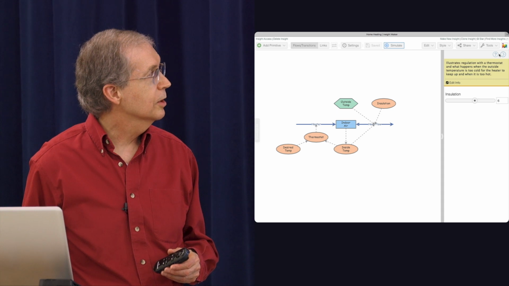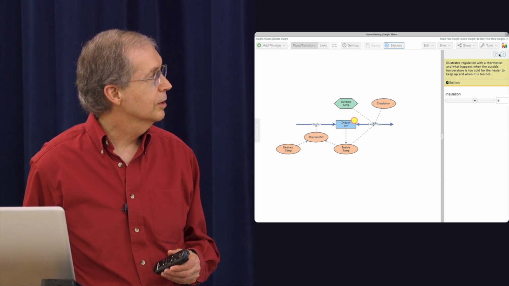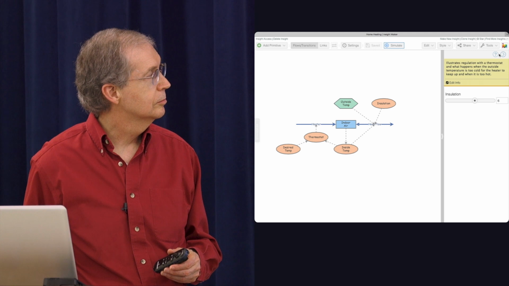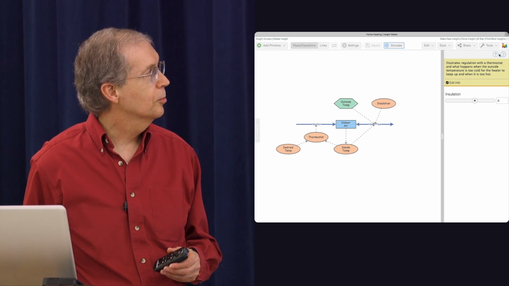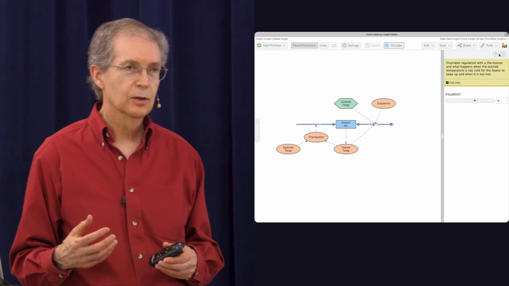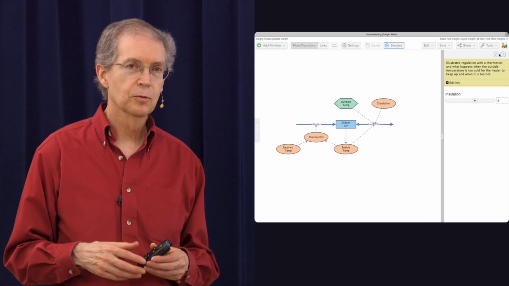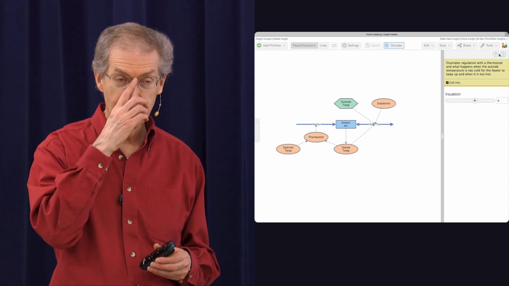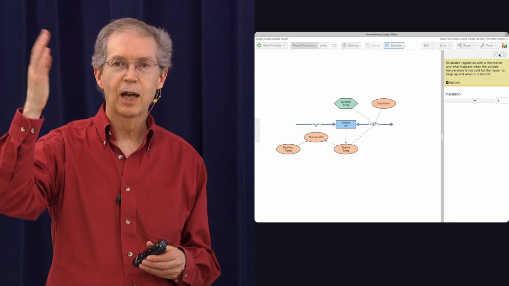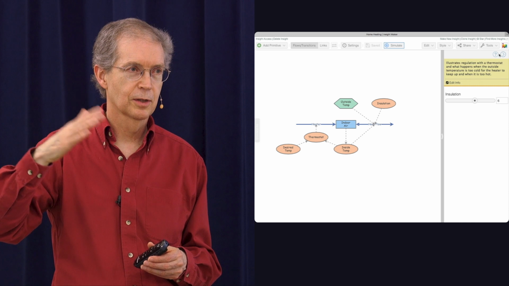I do want to note that this here, going from inside air temperature to the thermostat to the heater, is a loop. And it's what's called a balancing loop as opposed to a reinforcing loop. It's a loop that is designed to keep things in a steady state regardless of what's happening in the context.